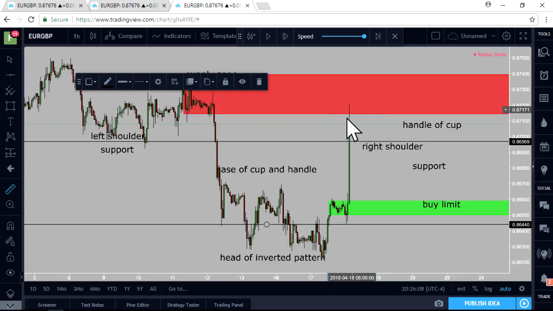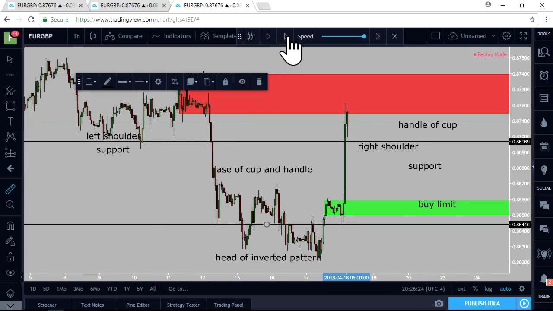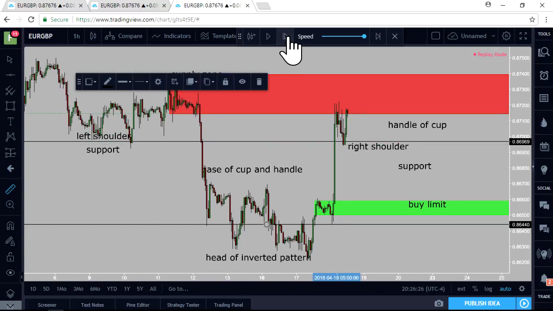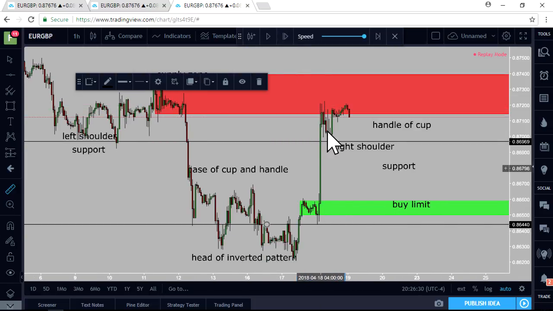So the moment the market came to this supply zone, even if you had a sell right around this zone here, let's see how far this market went down, because that's only level 1. Left shoulder, right shoulder.